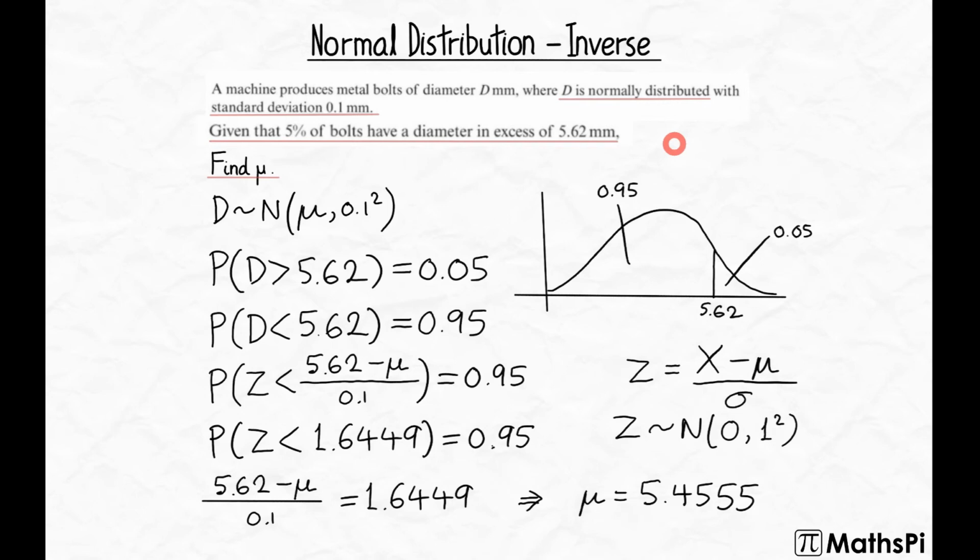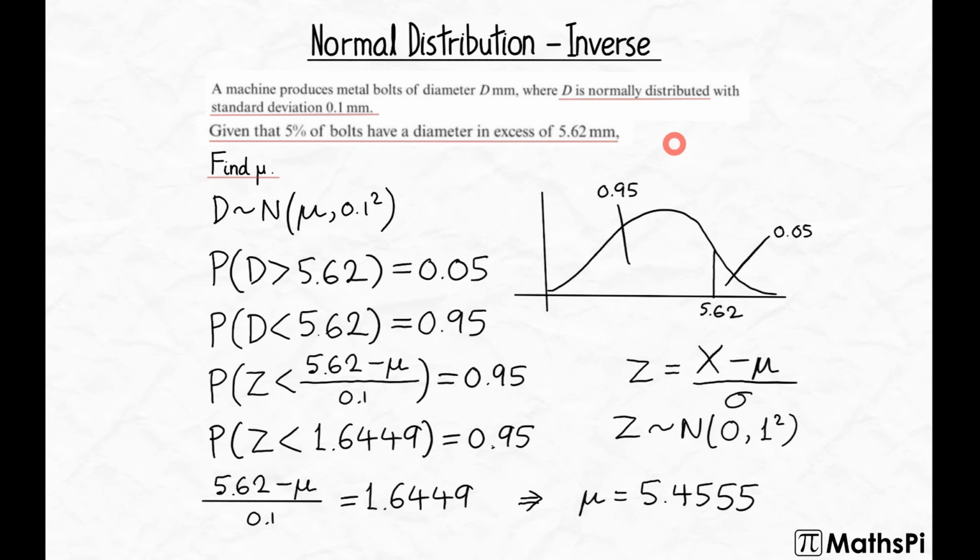So I hope that's helped in terms of going through a simple example of how to use the inverse normal and when you would use it. Remembering in this case that mu was unknown, that's the key to this question, is that you would have to standardize, and it would be the same if sigma was unknown, and perhaps we'll see that in a separate video.